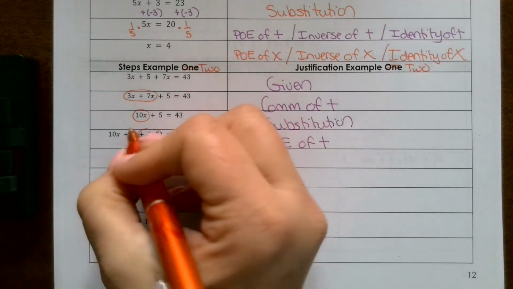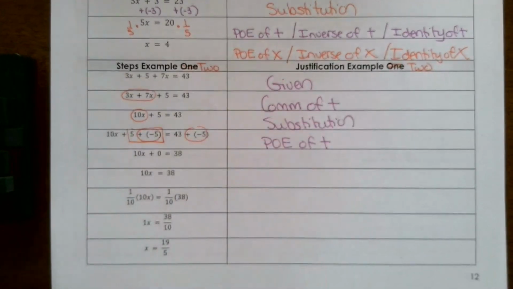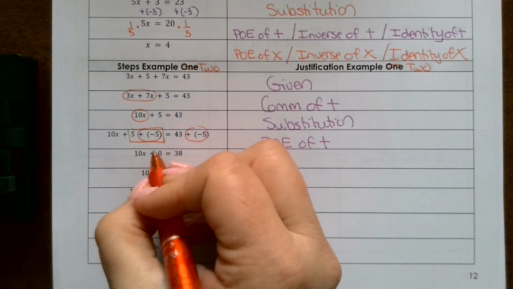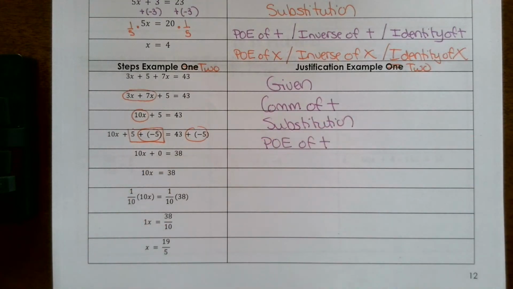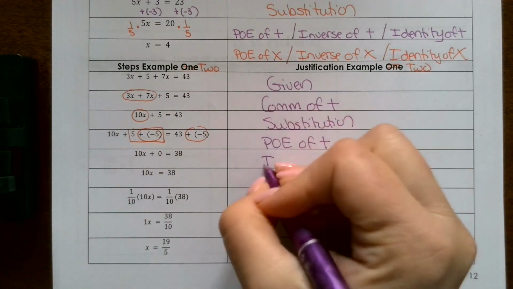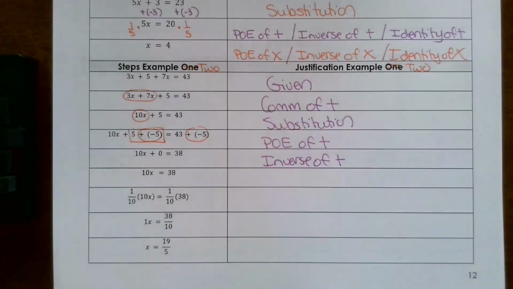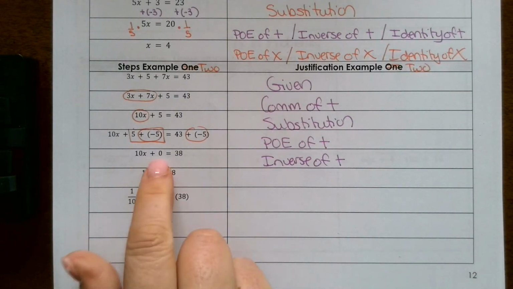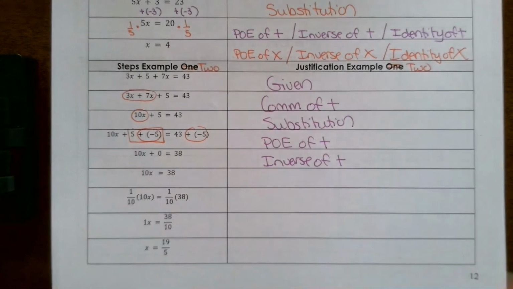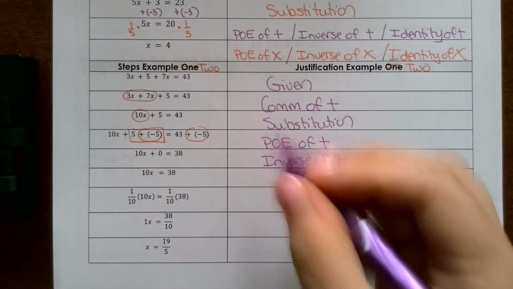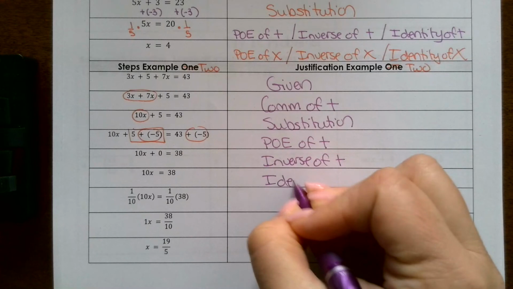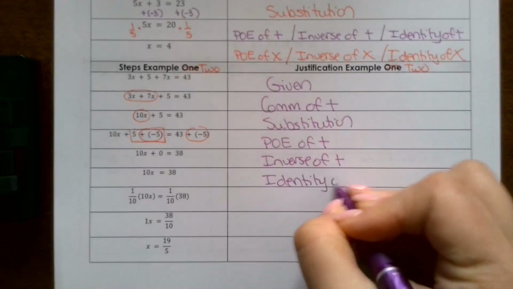Then I see that 5 plus its opposite will result in 0. So that, of course, is the inverse property of addition. And I know that if I add 0 to anything, I get whatever I started with. That's the identity property of addition.